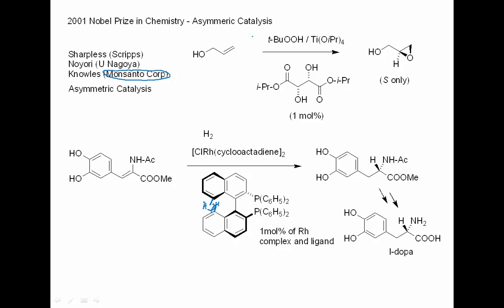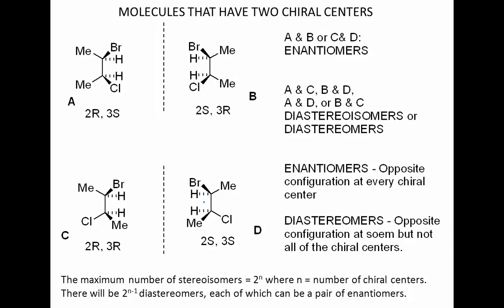This is not the most common type of chirality, but it is a source of chiral molecules. This is called atropisomerism, and it has been used a lot in the development of novel ligands for this asymmetric catalysis reaction. Okay, let's look at molecules that have multiple stereocenters here, and we'll look at first this molecule.